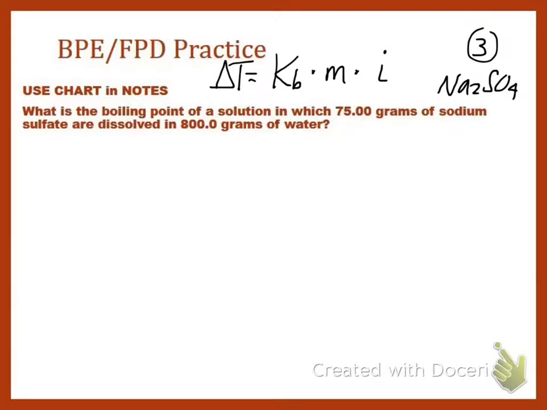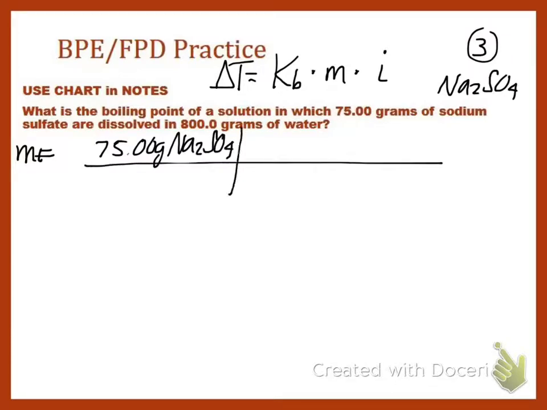Now we have the i, so we have to figure out the molality of the solution. In order to do that, we're going to say 75 grams of sodium sulfate. And what do I need to get it to? Moles. So I'm going to divide by the molar mass.